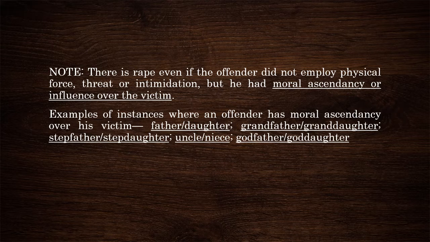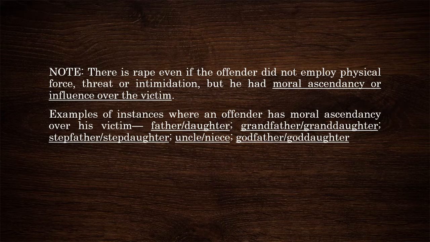Now, these are examples of instances where an offender has moral ascendancy over his victim or moral influence. A father raping his daughter, a grandfather raping his granddaughter, a stepfather raping his stepdaughter, an uncle raping his niece, or a godfather raping his goddaughter.